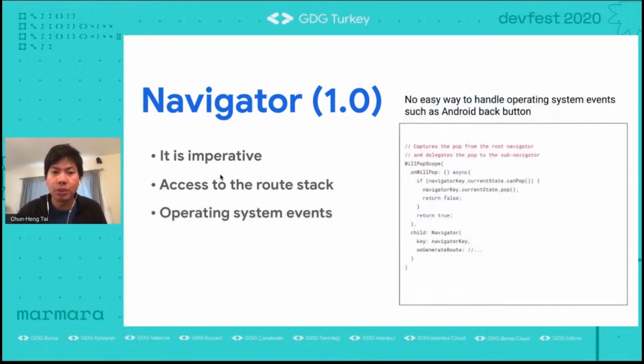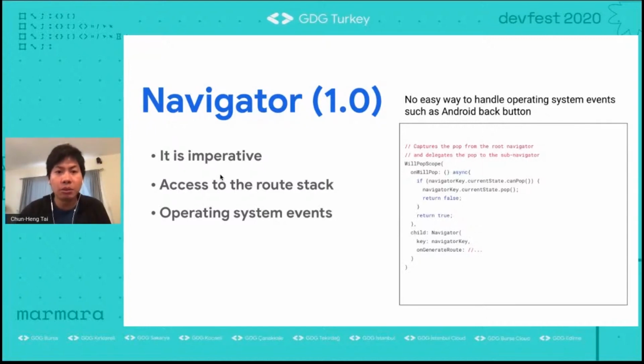The third issue is we don't have a good way to control the operating system event. For example, if there's an Android back button event that will be fired from Android if the user presses the back button on the Android device, right now there's no way to customize it.